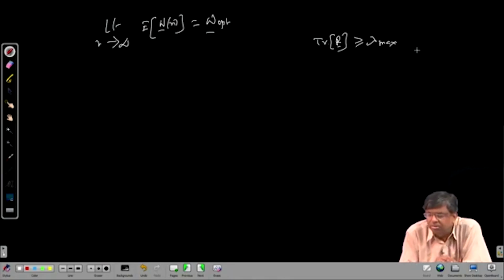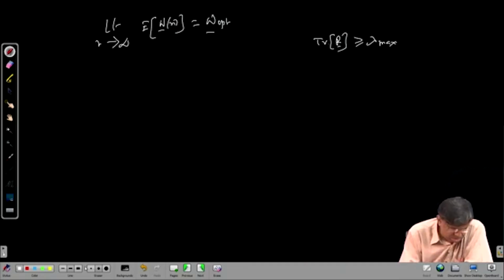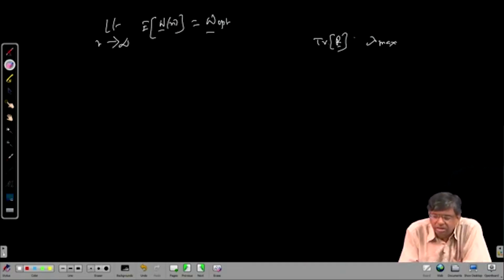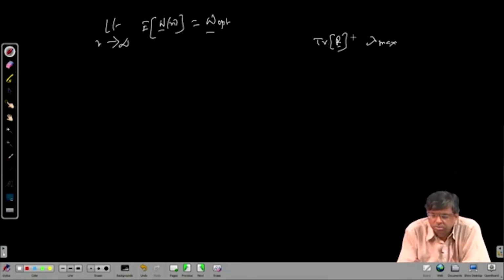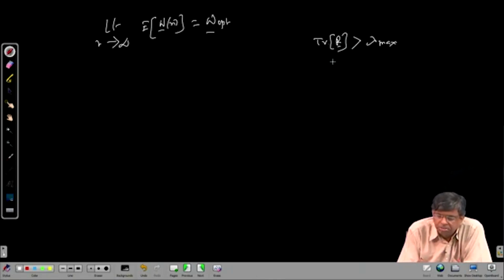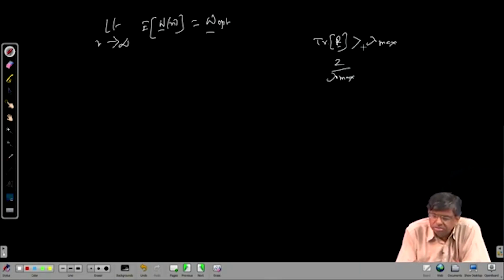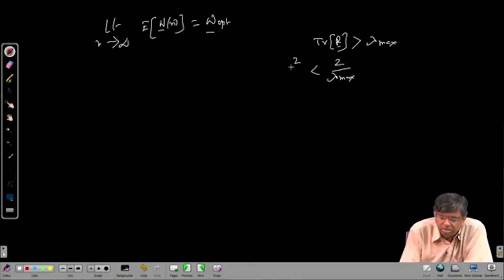In fact, if it is strictly positive definite, other eigenvalues also are positive, nobody can be 0, so it is actually strictly greater than. Which means 2 by lambda max is greater than 2 by trace R.